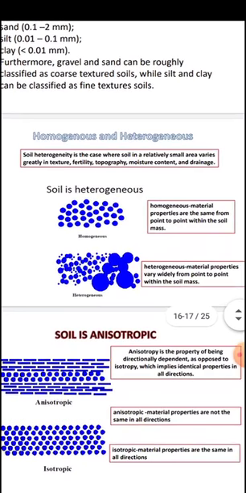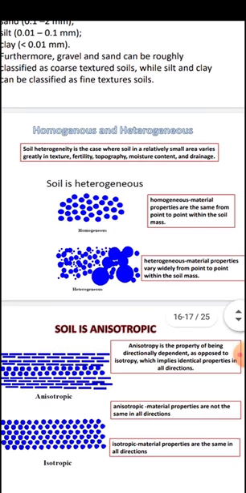What is homogeneity and what is heterogeneity? I think both these terms are very familiar to you. We will be defining them in terms of our soil. If the characteristics of soil are similar with reference to different locations and different points, then the soil is declared as homogeneous.